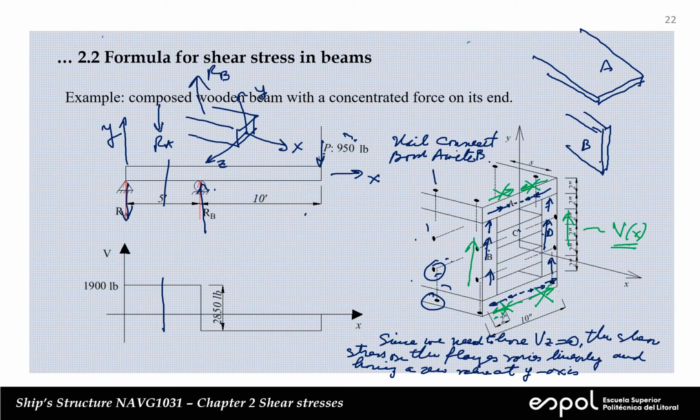If you have a net force in the z direction on this cut, you're in trouble. Because if you have only one force in the z direction, there is no way you can have equilibrium. So that's why if you integrate the shear stresses on the sections in the z direction, in this chapter, they have to be zero. Why? Because there is no forces in the z direction in these examples.